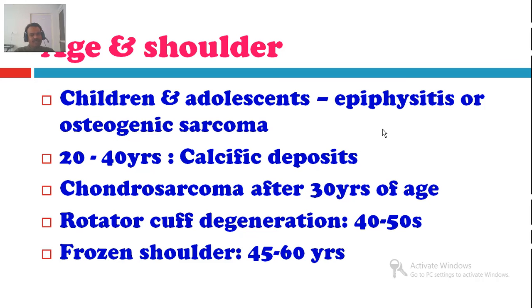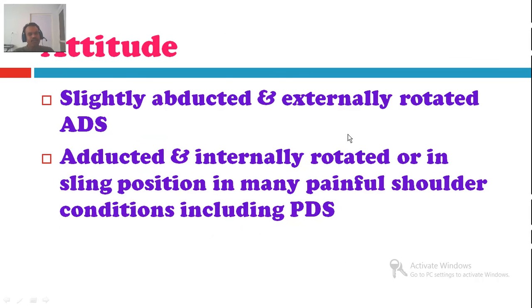Now this I can skip, age and shoulder, but remember that shoulder pain at a younger age is never common when I talk about non-traumatic. Okay, most of the time the attitude is abducted and externally rotated in case of ADS, that is anterior dislocation of shoulder, but otherwise in most of the painful conditions, the patient's attitude is adducted and internally rotated.